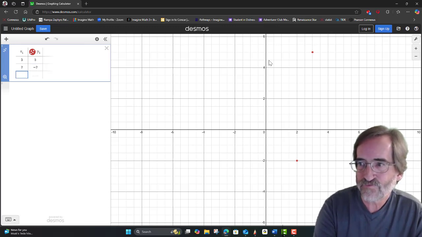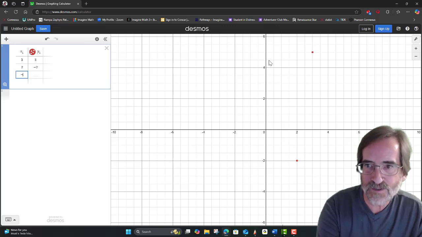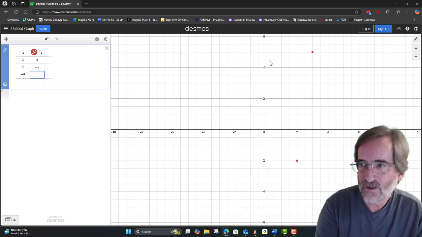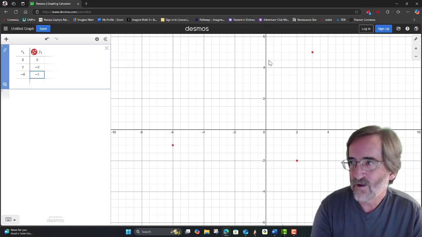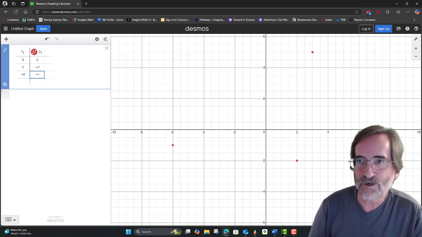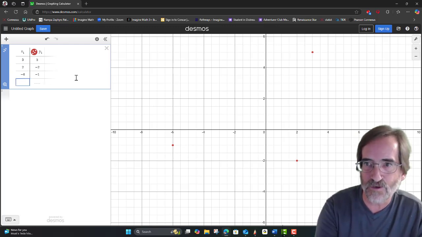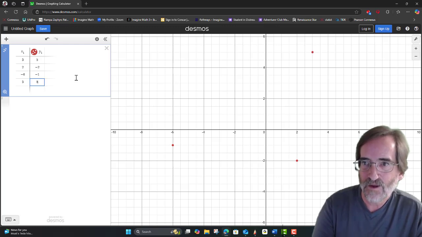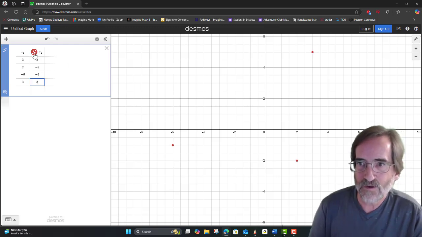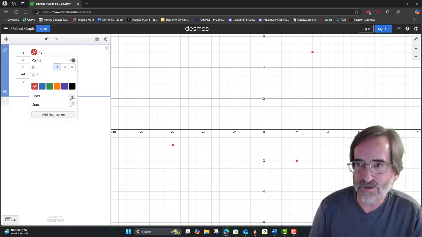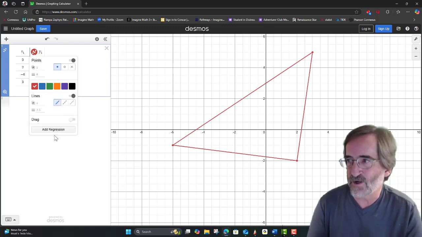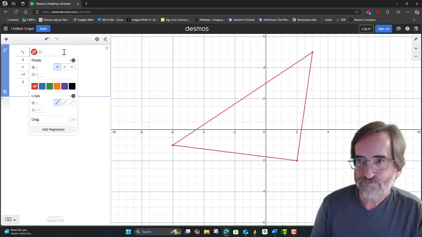And -6, -1. Okay, and let's draw a triangle here. Oh, to draw a triangle, we've got to close the loop, 3, 5. Otherwise, it won't close the loop. And click and hold and turn on lines. There's our triangle.